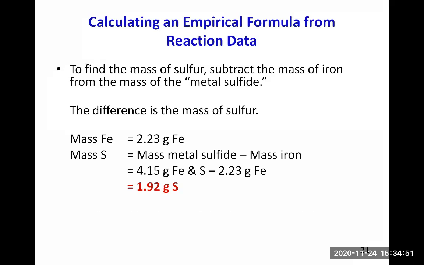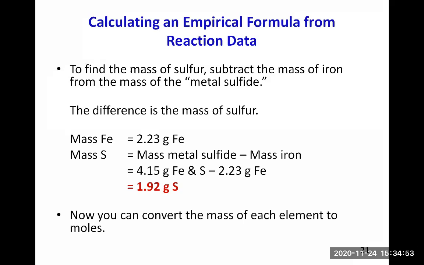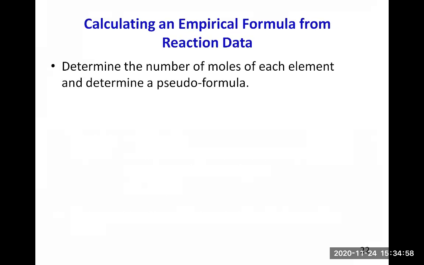Now that we have our masses, we can convert the mass of each element to moles and determine the pseudo formula. So 2.23 grams of iron multiplied by 1 mole of iron over 55.85 grams of iron.